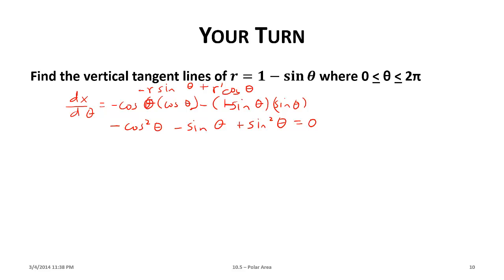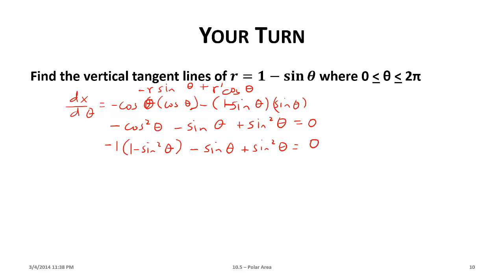Now, what I want you to remember is that you go back to your trig identity, and what does cosine squared theta equal? Well, first off, we have a negative outside, so we take a -1, and it's going to equal 1 minus sine squared theta. Hopefully you remember that equation from going back to your trig functions, minus sine theta plus sine squared theta equals 0.